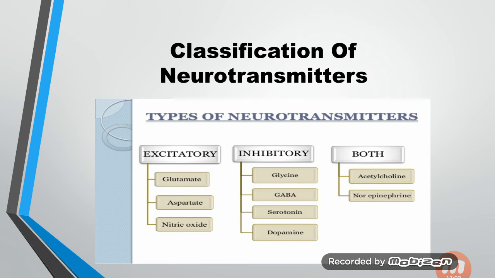Our next topic is the classification of the neurotransmitters. So first of all, neurotransmitters are the chemicals which are released at the axon endings, presynaptic knob of the neurons, at synapse involved in message transmission.